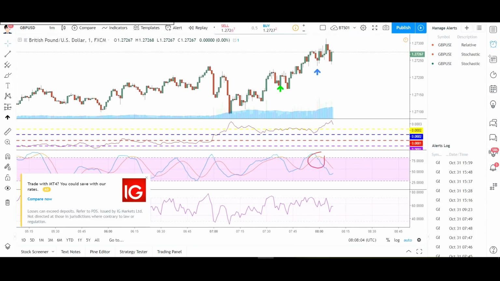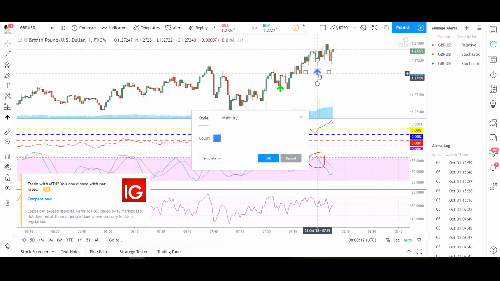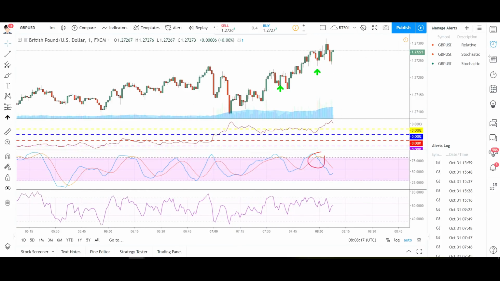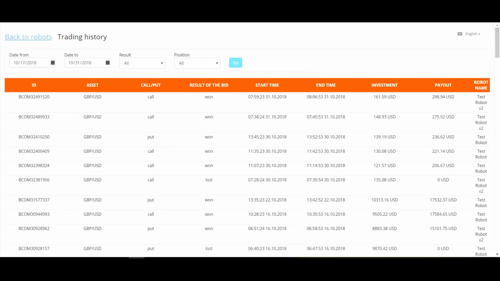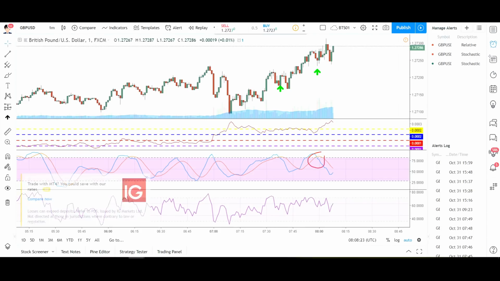Alright guys, the trade has already expired, and based on this chart, it was a winning trade. In fact, it was pretty close during the last minute, but it doesn't really matter because we eventually did win the trade. Based on the trade history, I've got a $298 payout, and it was actually pretty safe.